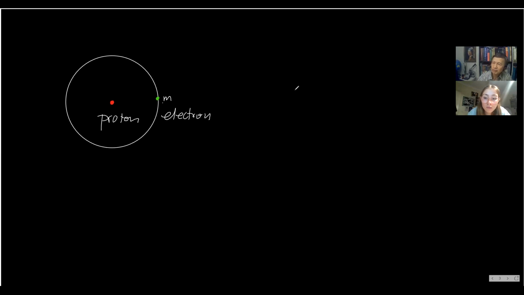If you have studied Coulomb's law, you know there is an attractive force, so they will attract each other. The force is a centripetal force. Just to remind you, the force is equal to K, a constant, multiplied by the charge of the electron, and divided by R squared, where R is the radius of this circle. In this case, the electron can be considered to be doing uniform circular motion.